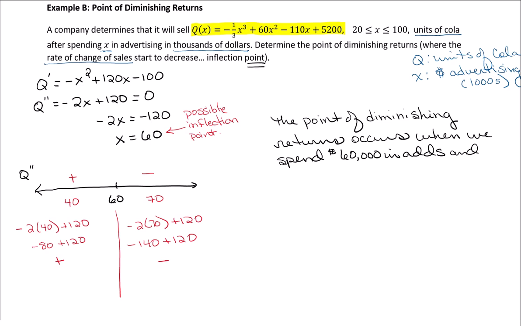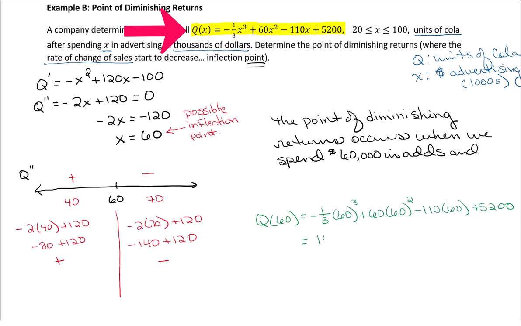So we can also find out not only the X value in ads, notice it's in thousands, but also we can find the number of units of cola. So we can plug in that 60 into our original function. So when we spend $60,000 in ads, we also sell 142,600 units of cola.